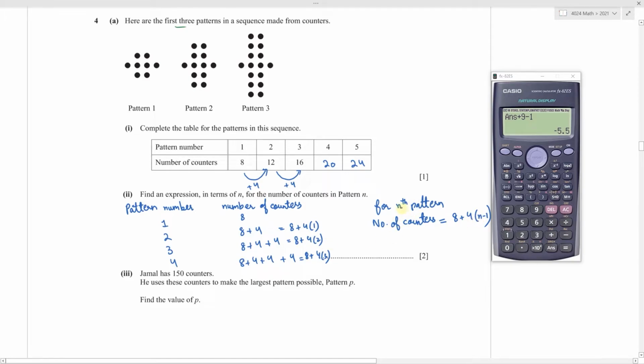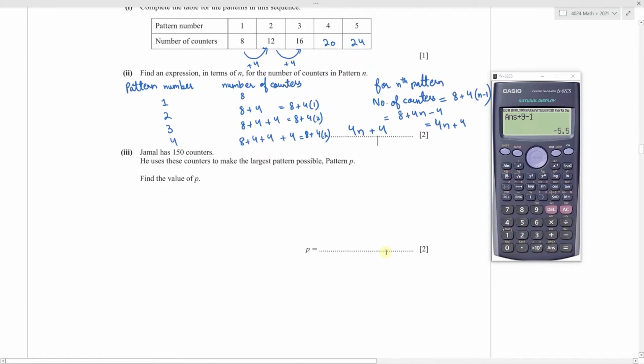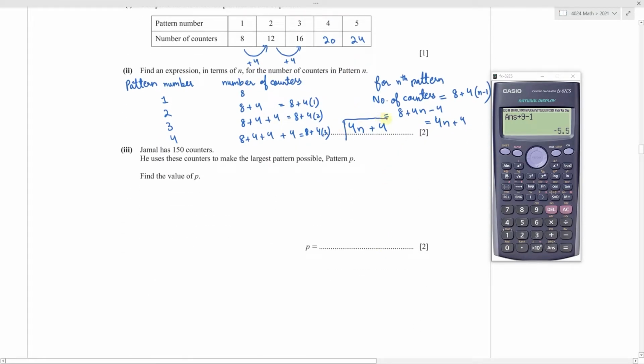So here your pattern number is n. So how many 4s will you add? N minus 1 4s. So now if I open the bracket, I will get 8 plus 4n minus 4. 8 minus 4 is 4, so you will get 4n plus 4. So the number of counters in pattern n is 4n plus 4. This is your final answer.